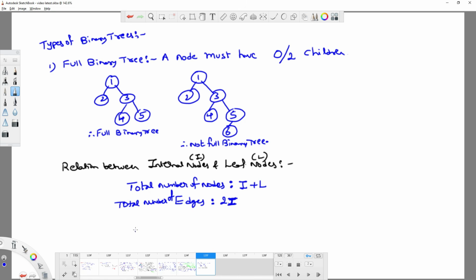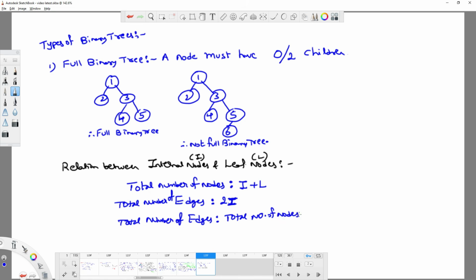Can you say it in another form? Total number of edges, in other form, can you say? Total number of nodes. Good, right?